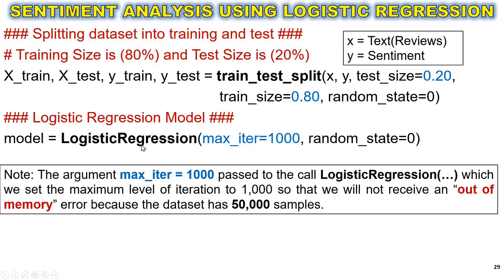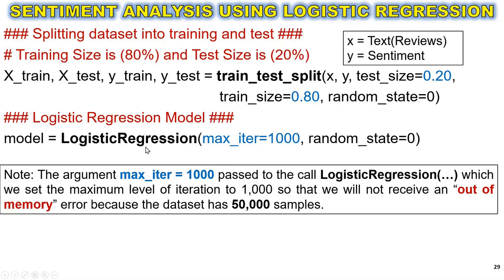Next, we instantiate an object named model using the class LogisticRegression. This is the logistic regression model. The argument max_iter is set to 1000 and passed to the call of the method LogisticRegression.